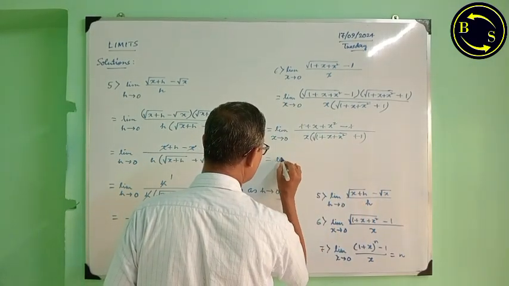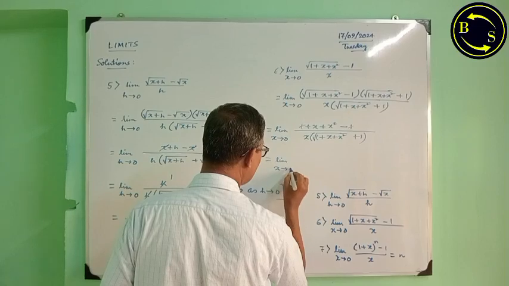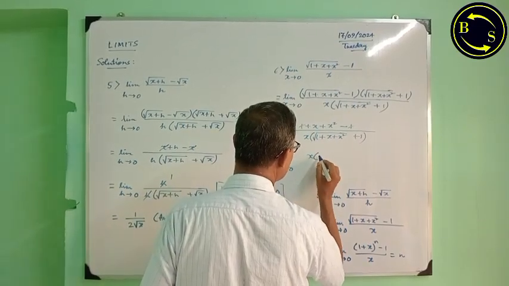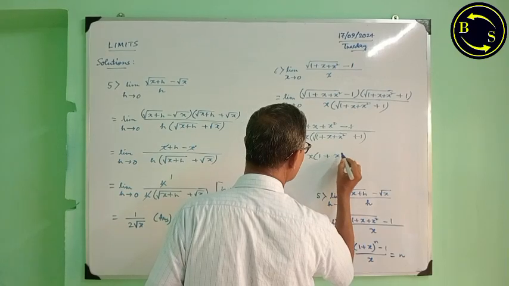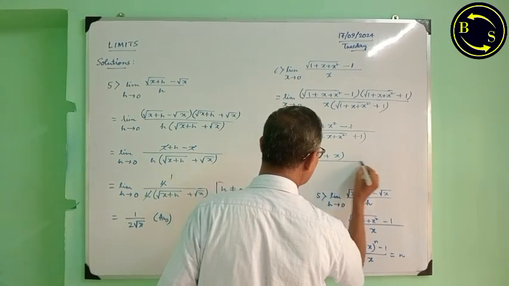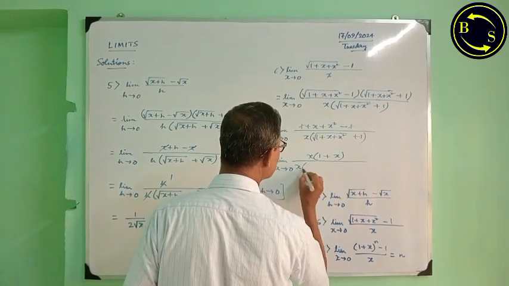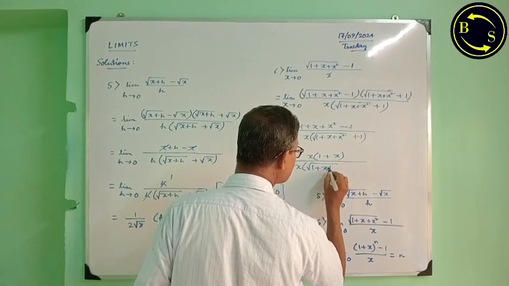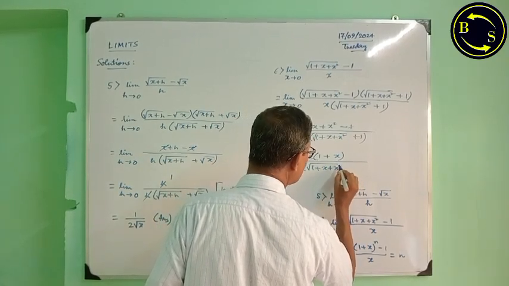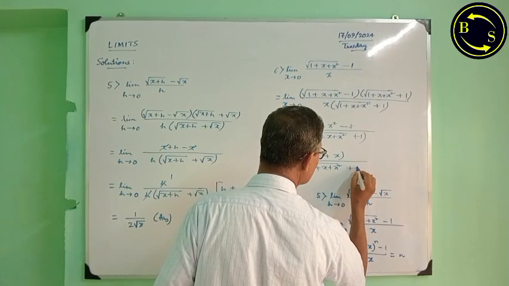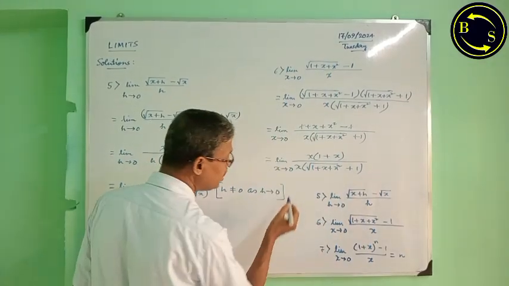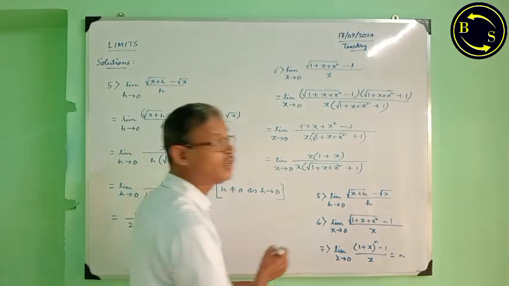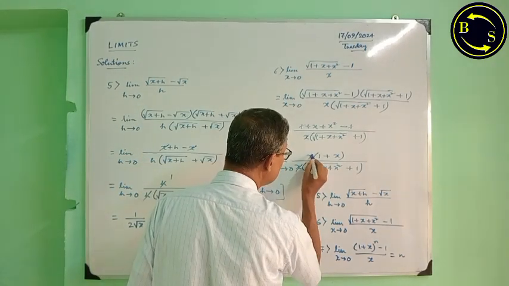Limit x tends to 0. We see x is the common factor at the denominator: x, root over 1 plus x square plus 1. Now we see x is a common factor in the numerator and denominator, so we cancel.